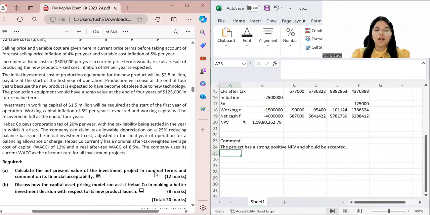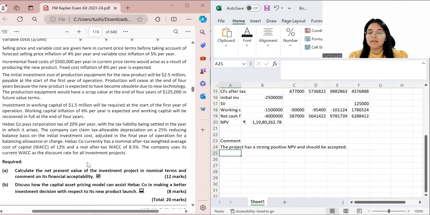Now the next part, part B, wants you to talk about how the CAPM model can be used by this company, Hebac company, in making a better investment decision with respect to its new product launch. So whenever a company is getting into something new, basically using its discount rate as the WACC, the weighted average cost of capital, as long as the project's business risk as well as the financial risk is same, then the company can definitely use their existing WACC.